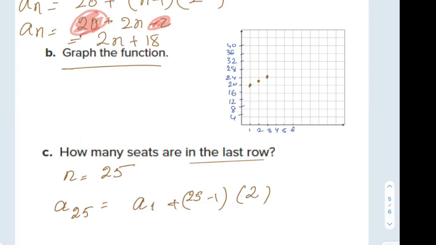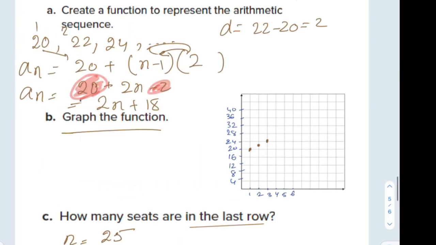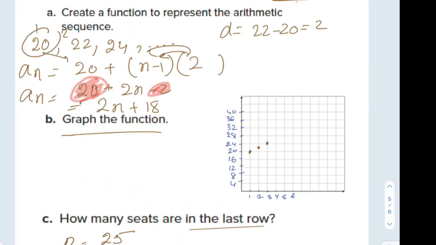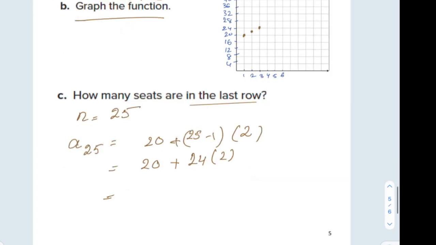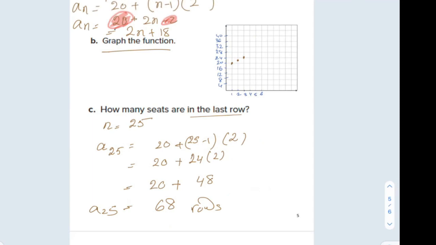We found the d is 2, and a_1, the first term, is 20. So it is 20 plus 24 times 2, which is 20 plus 48, which is 68. So we have 68 seats in the last row, and you can check by counting.